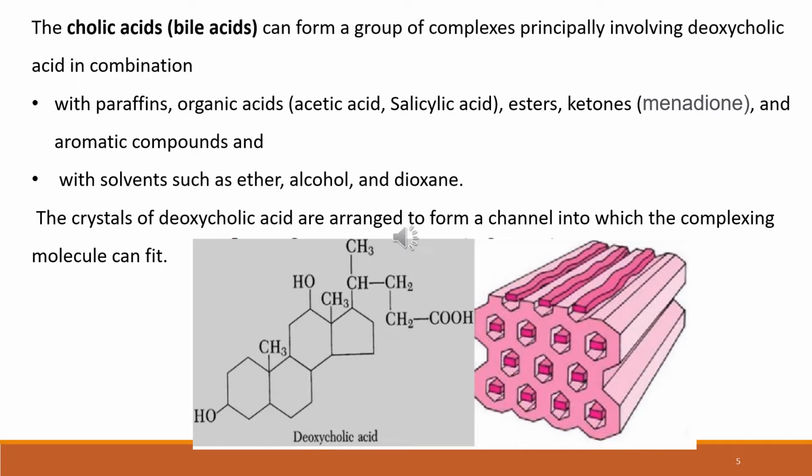The cholic acids, that is bile acids, can form a group of complexes principally involving deoxycholic acid in combination with paraffins, organic acids like acetic acid, salicylic acid, esters, ketones like menadione, and aromatic compounds, and also with solvents such as ether, alcohol, and dioxin.